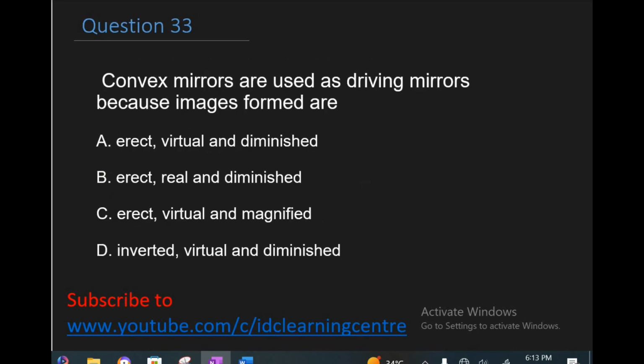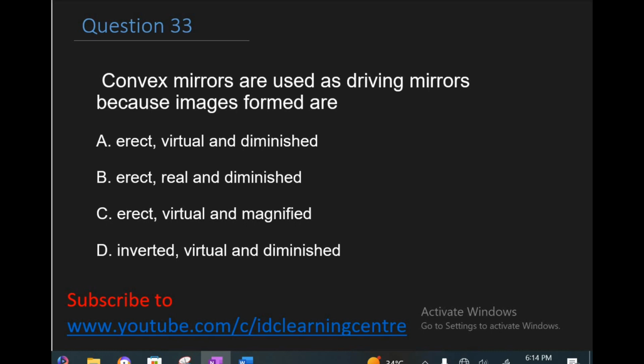Next question, 33. Convex mirrors are used as driving mirrors because images formed are dash. A, erect, virtual, and diminished; B, erect, real, and diminished; C, erect, virtual, and magnified; D, inverted, virtual, and diminished.